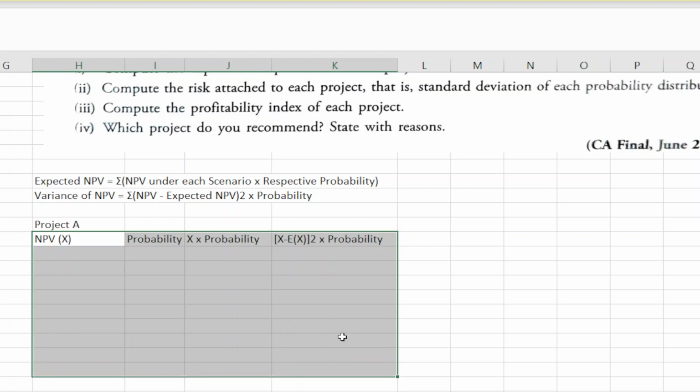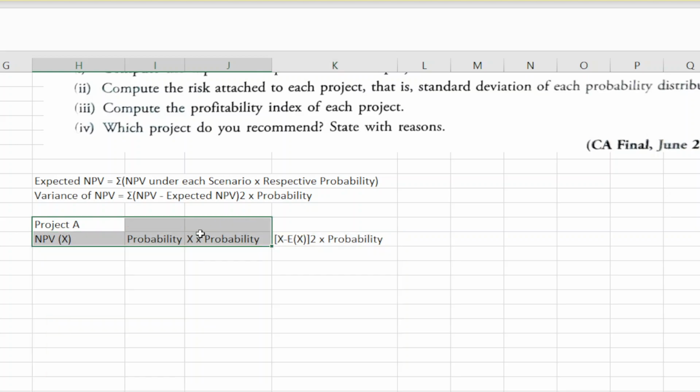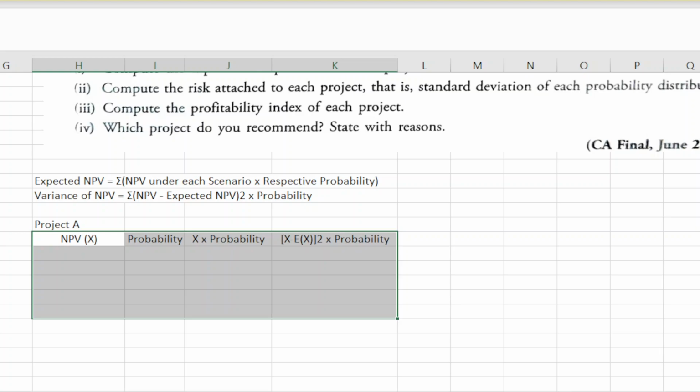There is a small glitch here, a small lag in my Excel, and it is taking a little bit of time, so it is not selecting properly. 1, 2, 3, 4, and I need a total column. Yeah, let me create a table now.